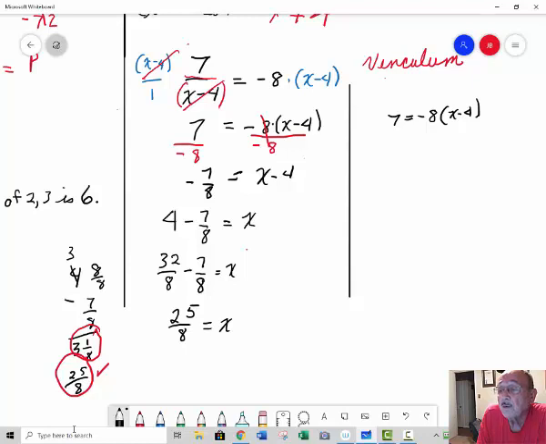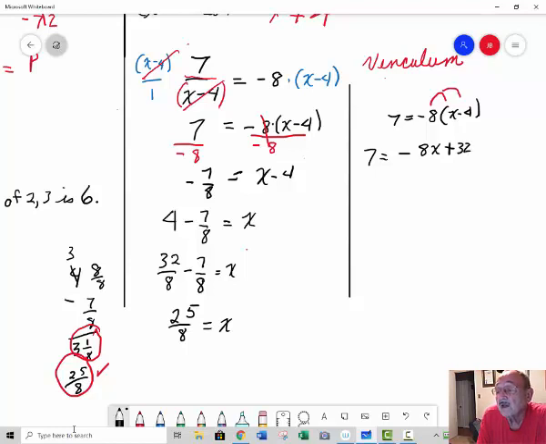The distributive property says that 7 will be equal to negative 8 times x and negative 8 times negative 4. Negative 8 times x would be negative 8x, and negative 8 times negative 4 is positive 32.